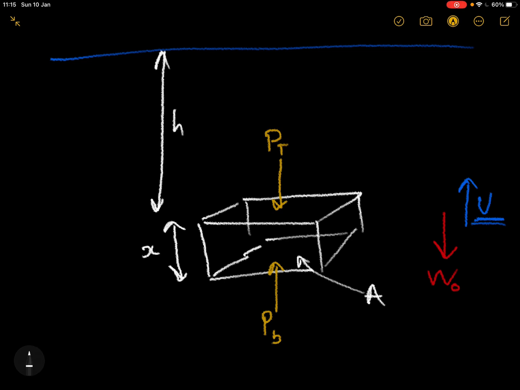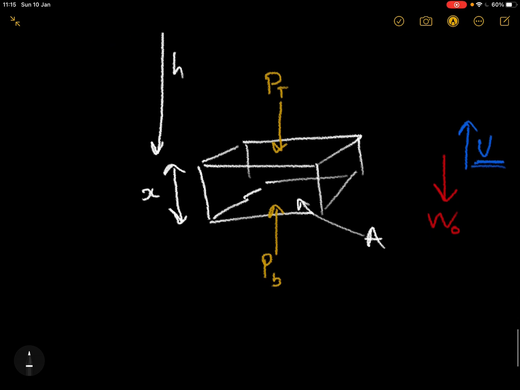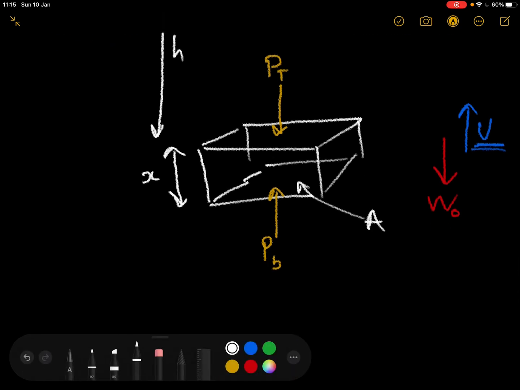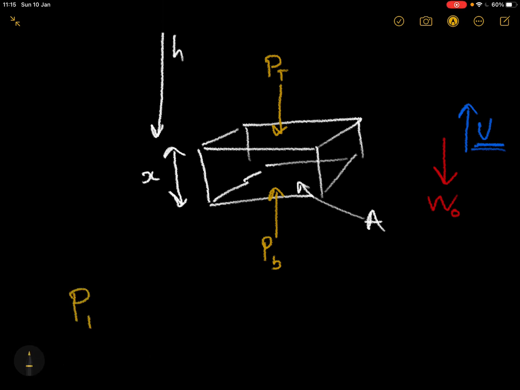We are a height h under the water, but our object itself has a height as well. So we can say the pressure at the top is equal to rho g h, which is what we've got. We're ignoring the atmospheric pressure because it's in the case of both.